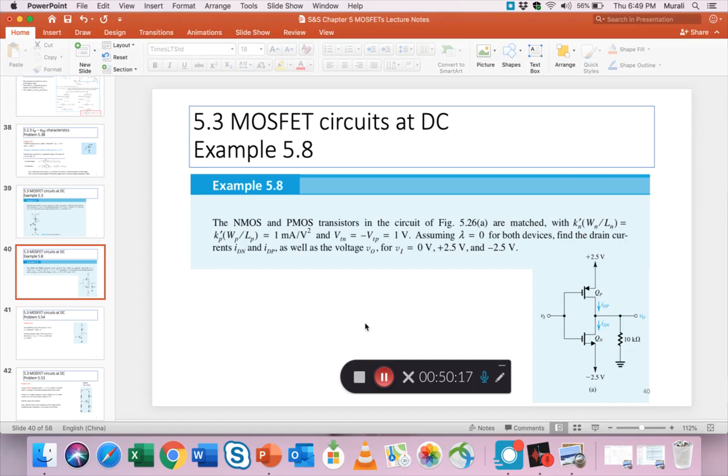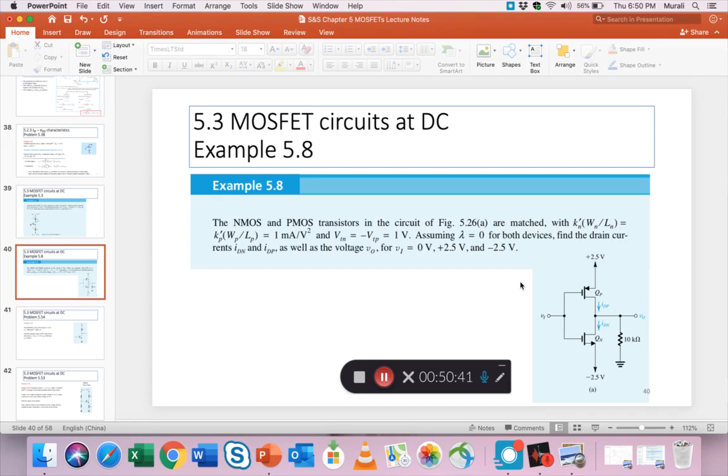Using CMOS logic, how to implement digital circuits, AND gates, NOR gates, inverters, all that good stuff. This example doesn't tell you that that's where we are going, but if you understand this, a lot of what we'll do in chapter 13 will become easy. So it's kind of an introduction to what we'll do later.